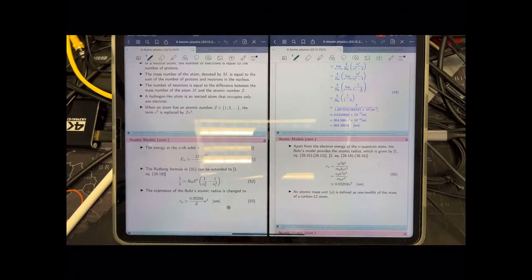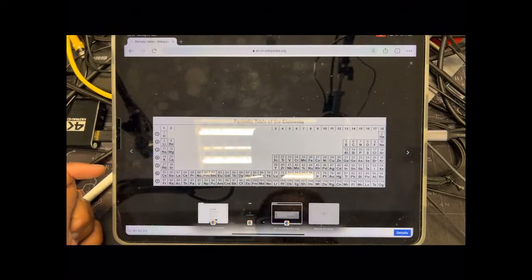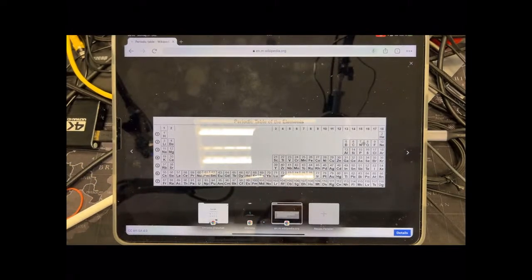But this one could be applied to a bigger atom like helium, lithium, beryllium, boron, carbon, nitrogen. Oh, I forget the F, the nine elements.